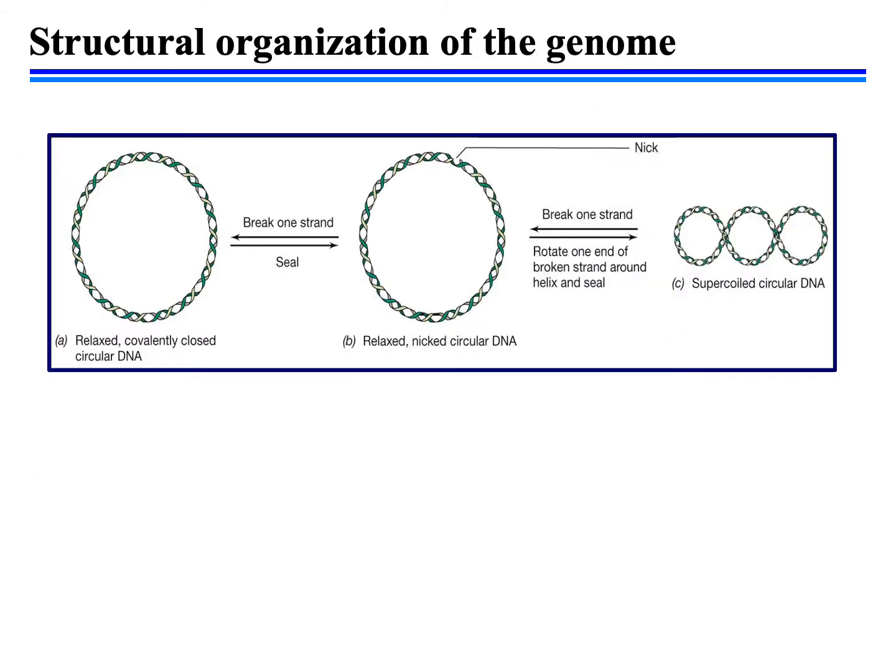So let's review really briefly one of the things that I mentioned in the last lecture, and that was prokaryotic genomes are typically found in a circular organization, which is distinct from most eukaryotic genomes, which are found in a linear organization. So what you see in this particular figure is a circularized piece of DNA that represents a prokaryotic chromosome.